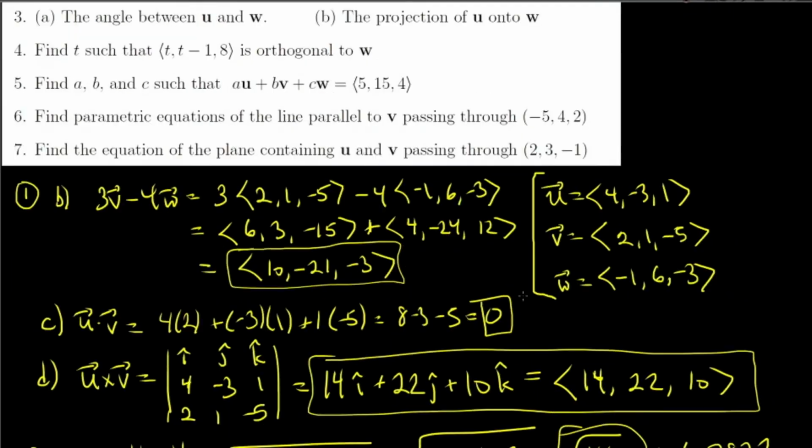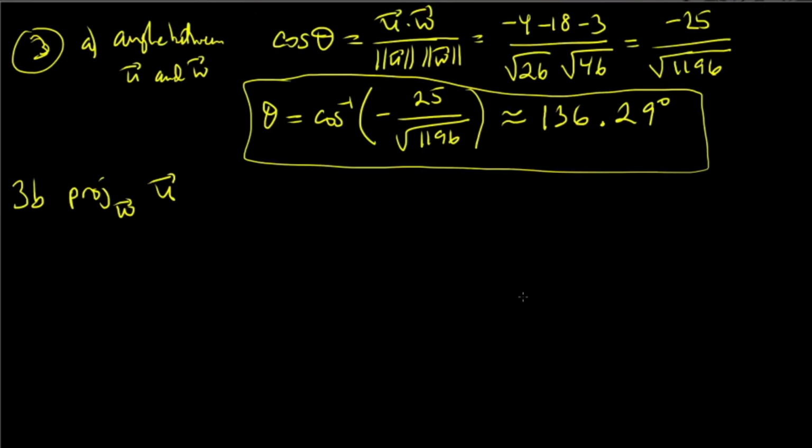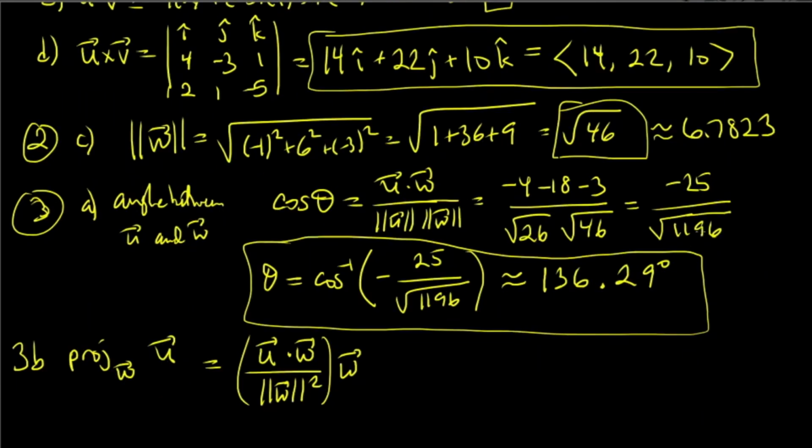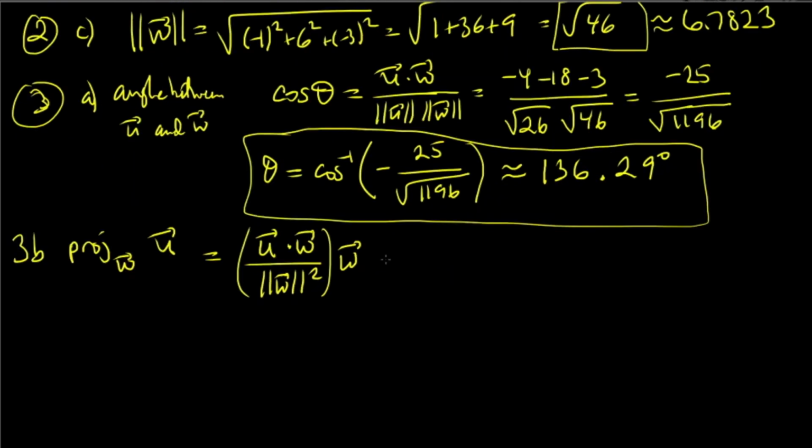Let me make sure I got that right. So the formula for the projection is u dot w divided by the magnitude of w squared, times the vector w. So u dot w, we did that in part A, so that's just negative 25. And the magnitude of w was the square root of 46, so when you square it, you just get 46 times w. So it's just this multiple of w.